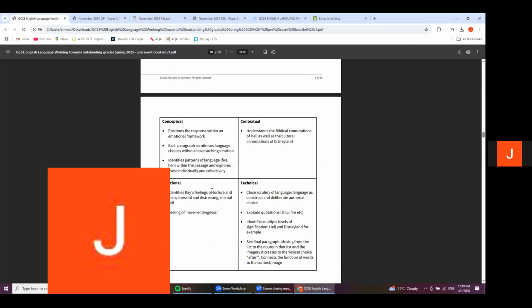They identify feelings of the character, the context, the understanding, the biblical connotations of the text itself, and also technical features, as you can see here. They've explored quotations. They've identified multiple levels of signification there. So again, this is what we're looking for as examiners.